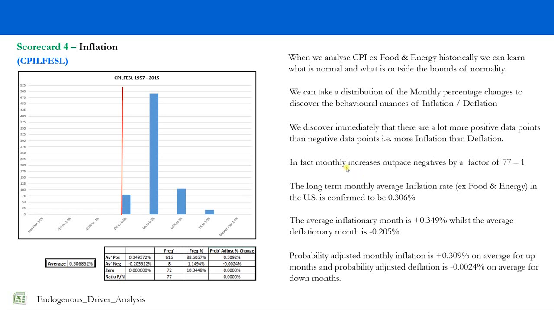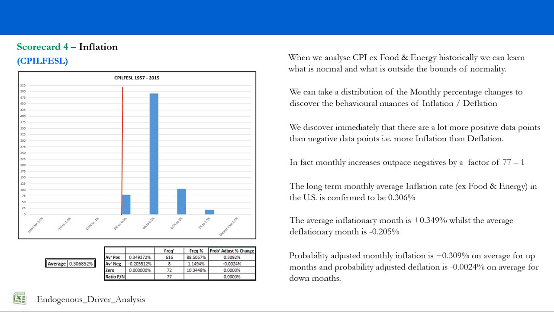And when you analyze the data, the monthly increases, so inflation X food and energy, outpace the negatives by a factor of 77 to 1, which is huge. It's a huge difference, even when compared to the CPI including food and energy, which was a factor of 7 to 1. So let's go further into the stats.